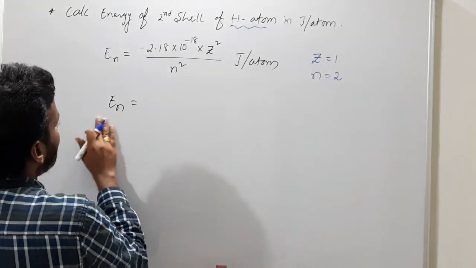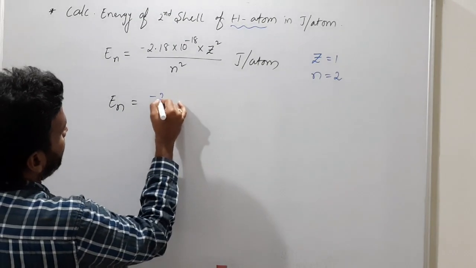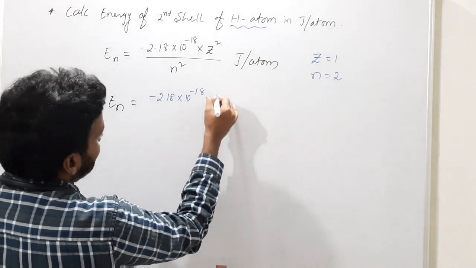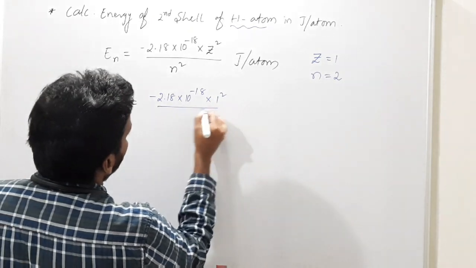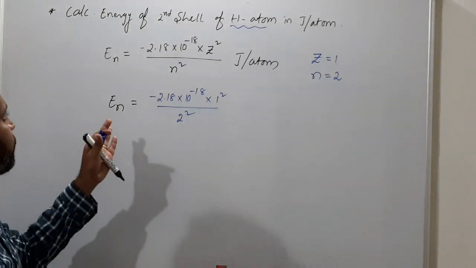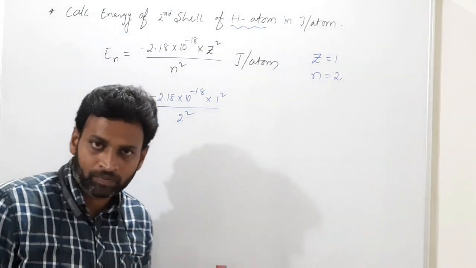So En is minus 2.18 into 10 power minus 18 into 1 square by 2 square. Here if you simplify, you will get the answer.